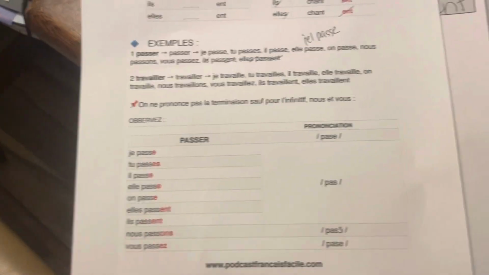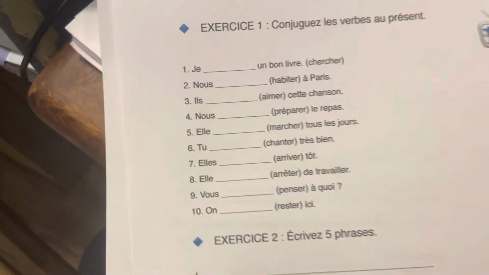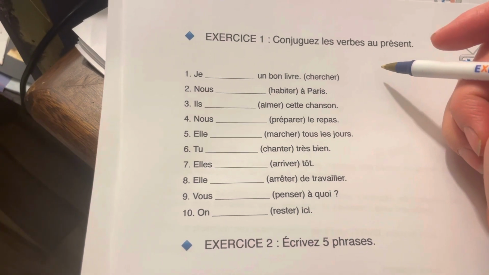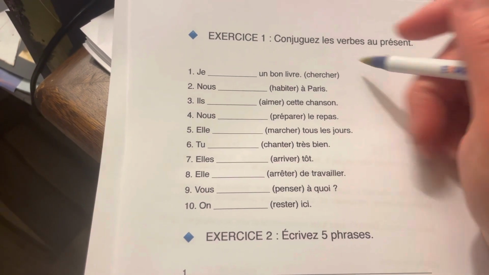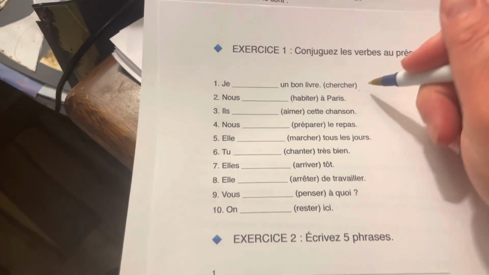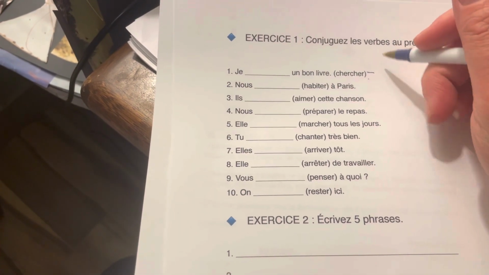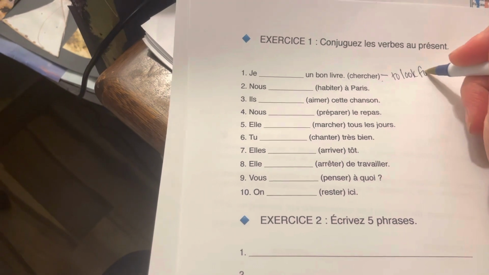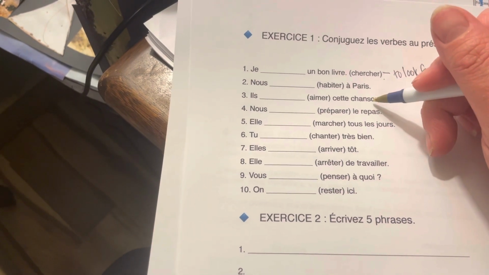So then you're going to tackle on your first worksheet these verbs. All right, so some of them we know, some of them we don't. The cool thing is, though, that the pattern works whether you know the verb or not. Chercher, we've talked about that. Cherchez vos feuilles de papier. This means to look for or to search. Habiter, you know. Aimer, you know.